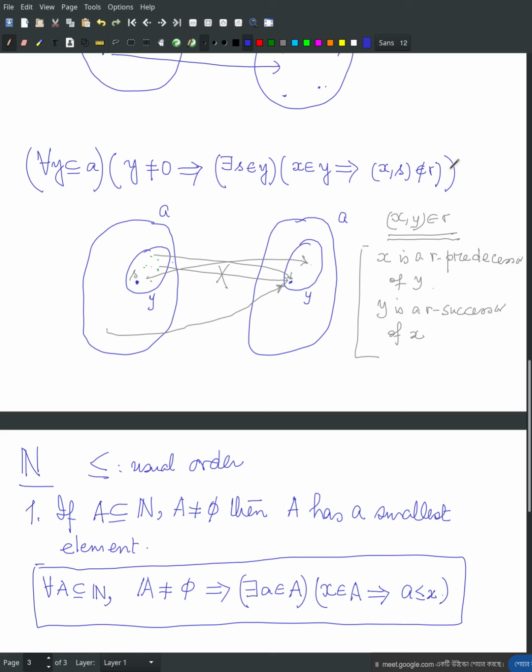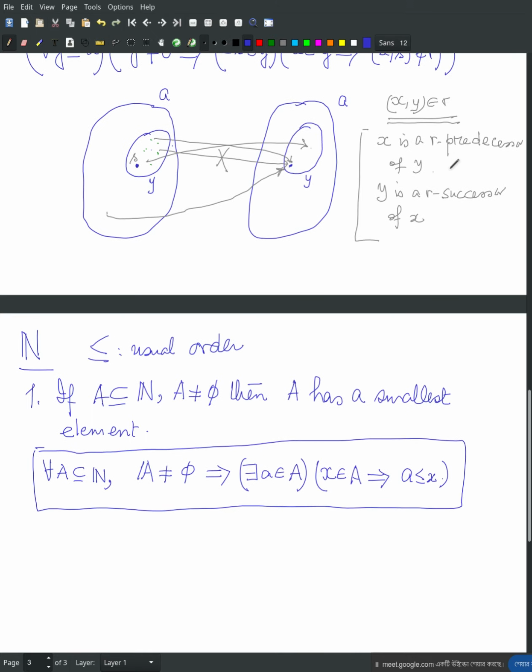Yes, makes sense. So this says that the usual order of natural numbers is well-founded. But this is not true for even Z. The usual order is not well-founded.